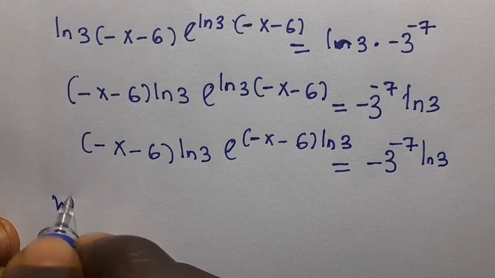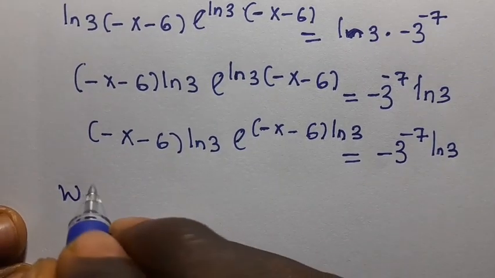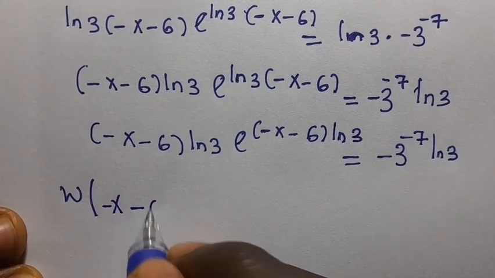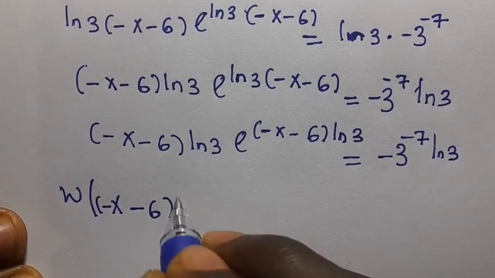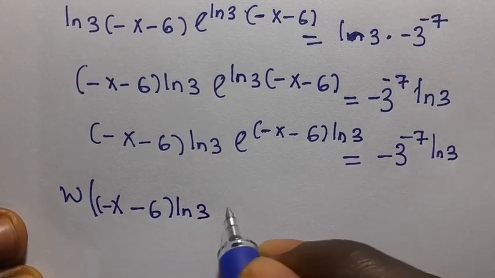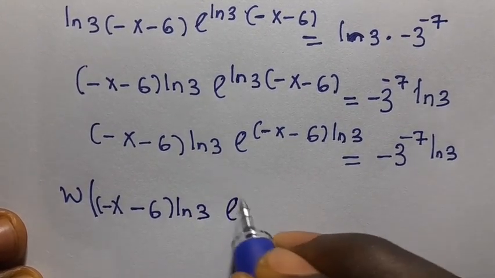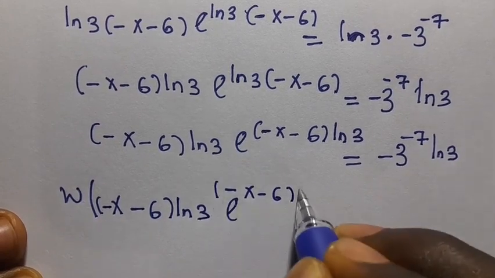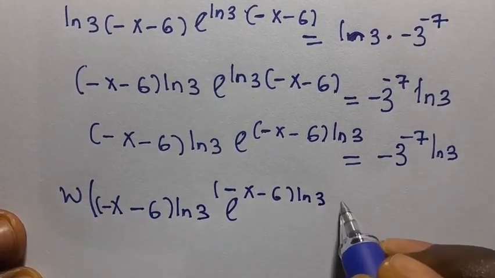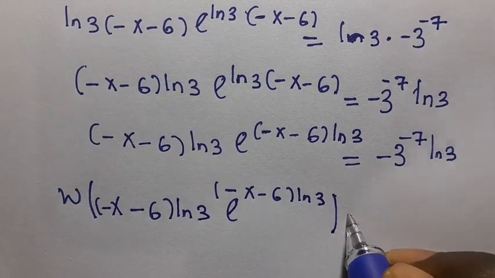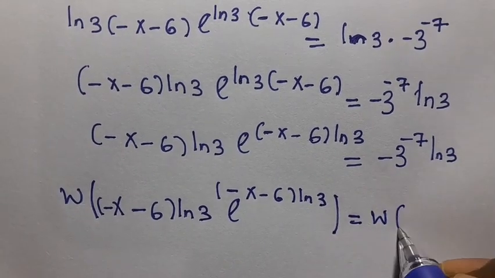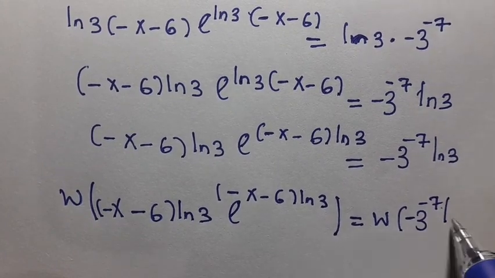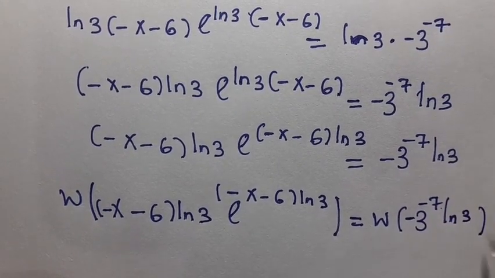When you have this, then into bracket of minus x minus 6 ln 3, then exponential minus x minus 6 ln 3 to be equals w of this minus 3 raised to power minus 7 ln 3.